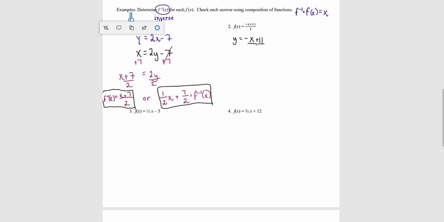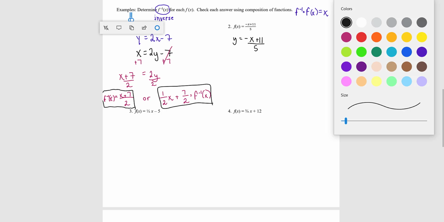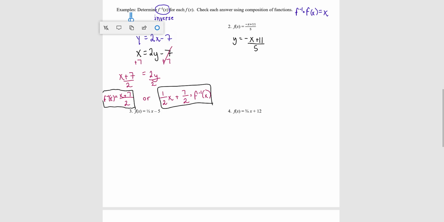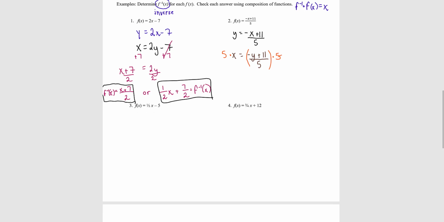I would encourage you to try to pause the video and try to do this on your own. Swap out the x and the y, and then solve that for y. To solve this one for y from here, we want to undo that divide by 5, so we're going to multiply both sides by 5.